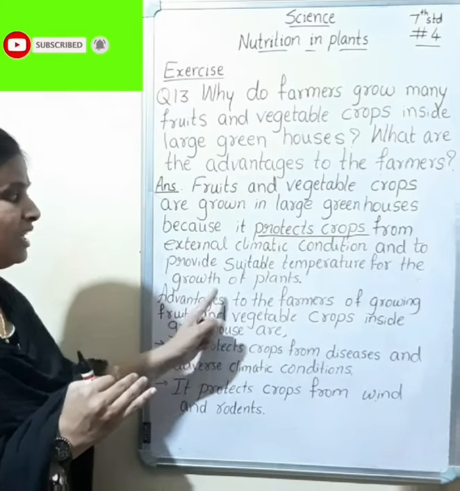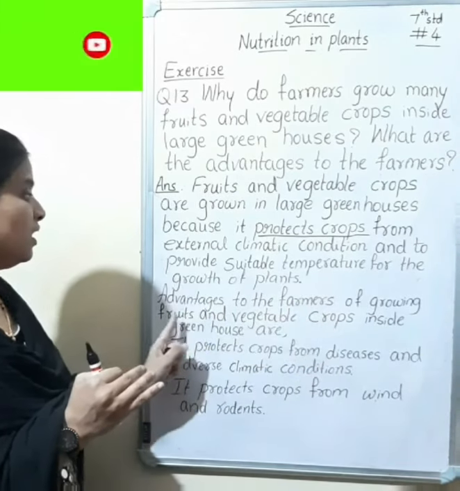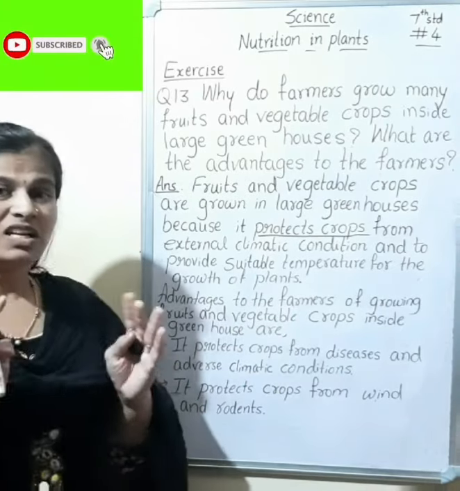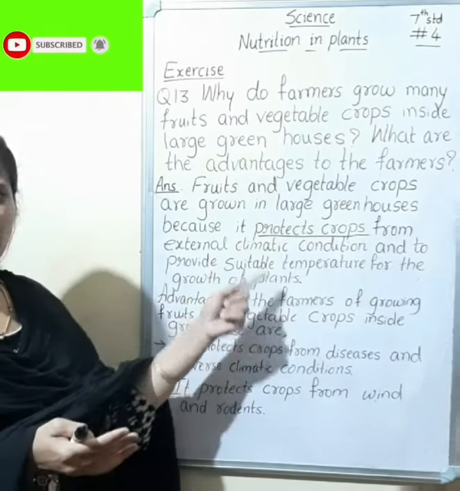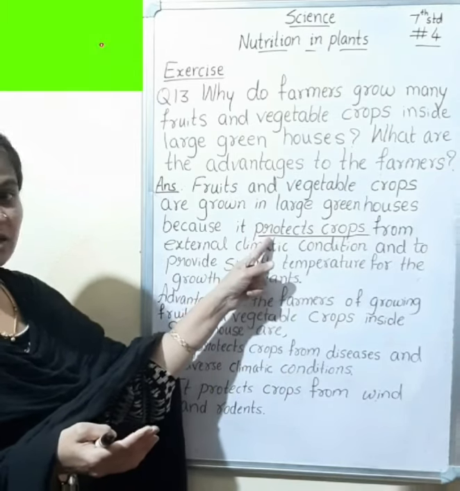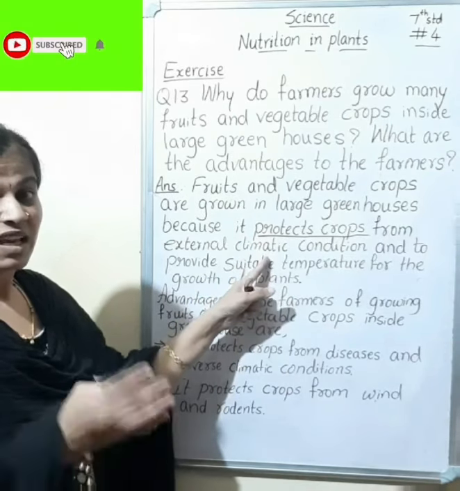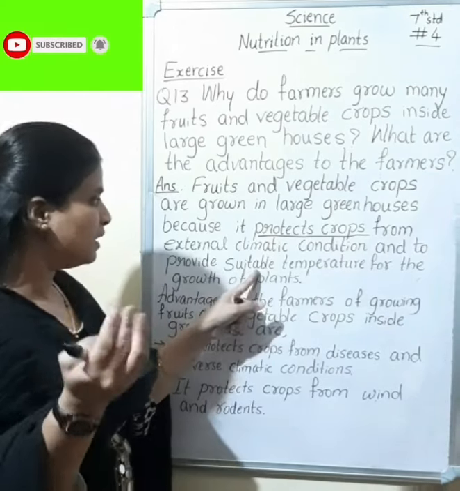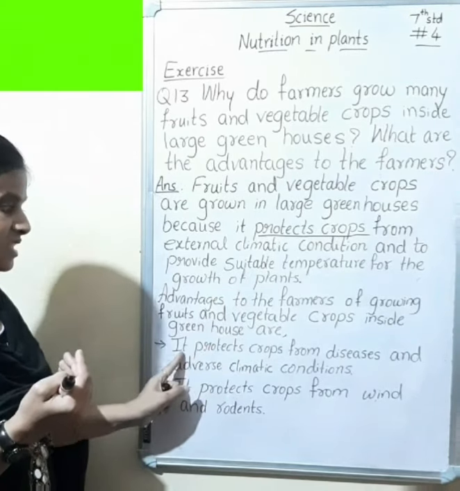So the advantages to the farmers of growing fruits and vegetable crops inside greenhouses are: the first one is that it can protect crops from the external climatic conditions, and second is that we can give the suitable temperature. Let me check now.